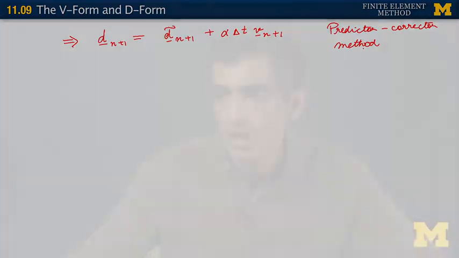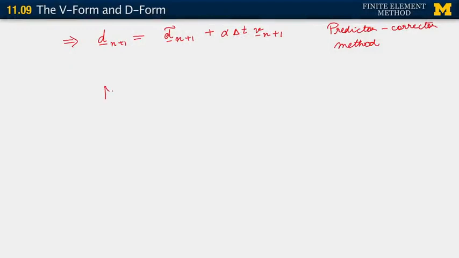This V method that I'm talking about is one where we return to our time discretized ODE, which is this one, mvn plus 1 plus k dn plus 1 equals f at n plus 1.